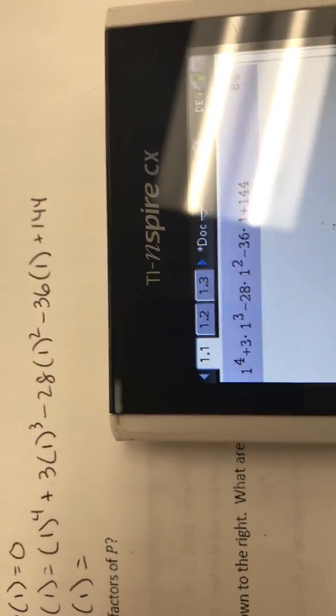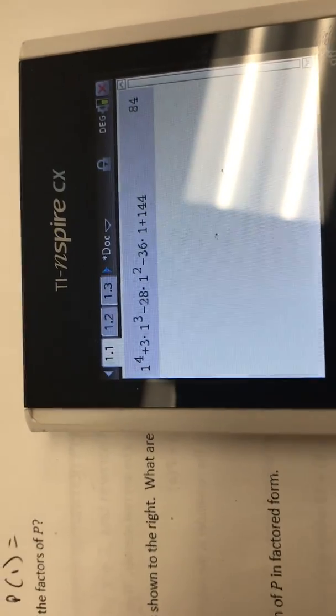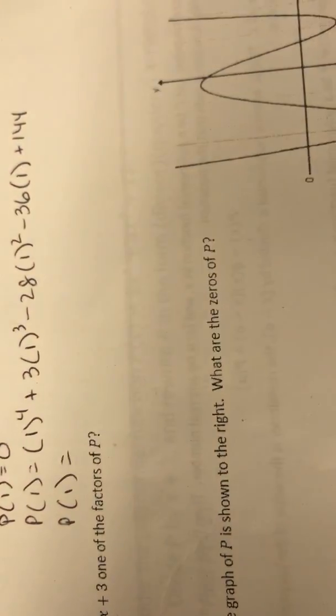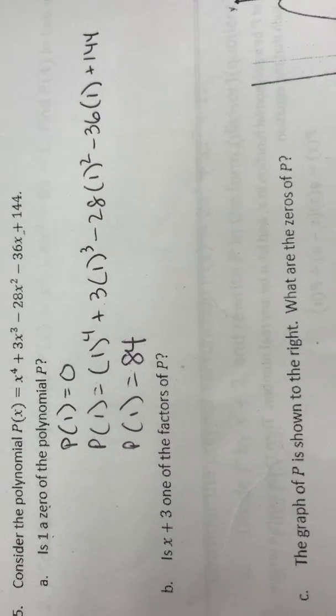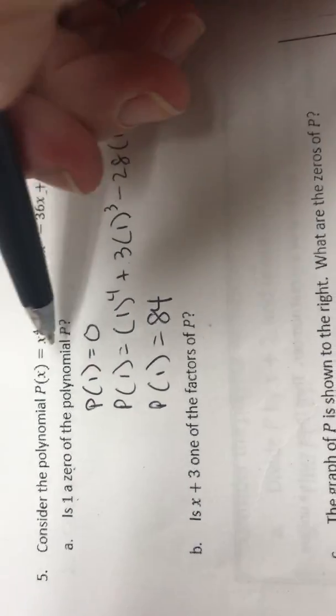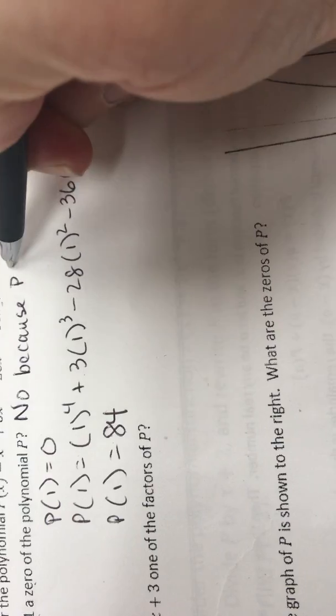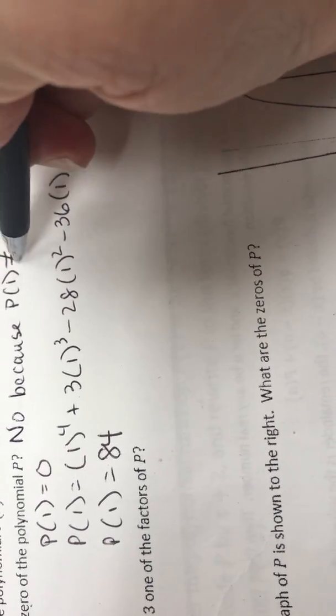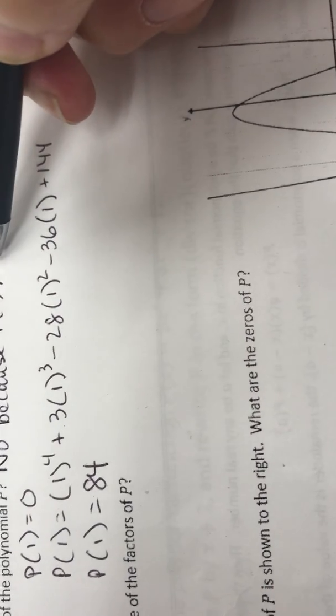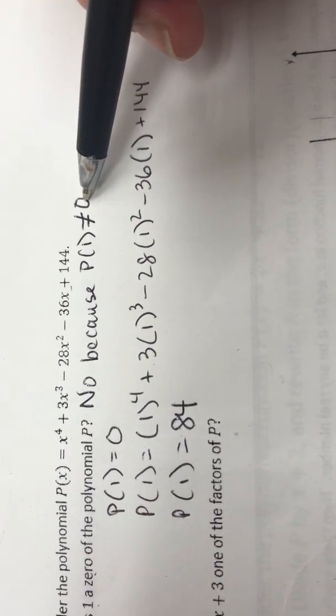So you would type that in, which we did in class, and we got 84. So if P of 1 equals 84, then the answer is no, because P of 1 does not equal 0. In order for it to be a 0, I have to get 0 when I substitute.